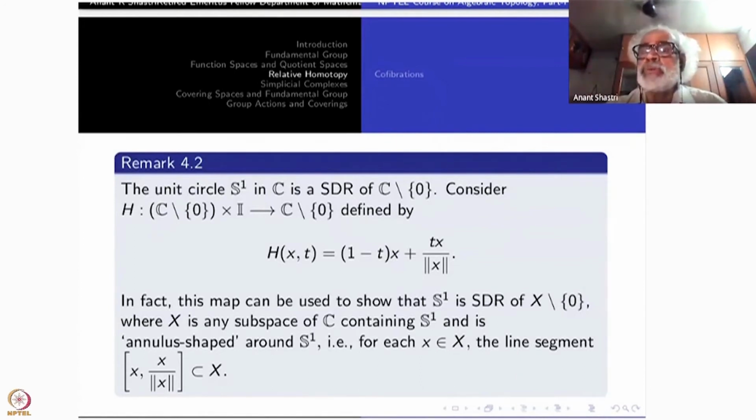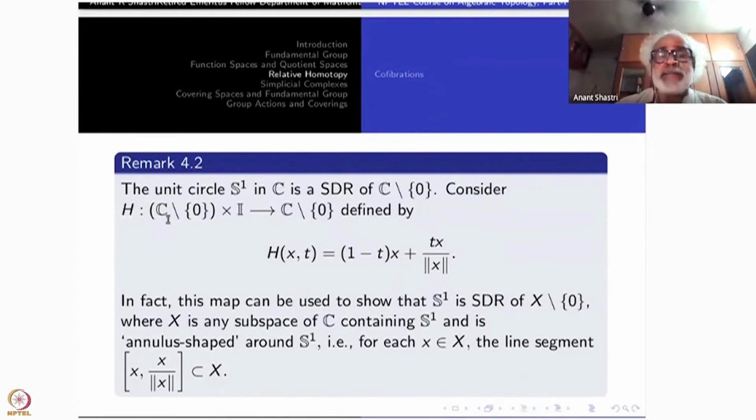The origin you have to throw away. How do you do that? Once again, a kind of convexity, whatever. This is not convexity, but convexity about S^1 is what is going to work, namely joining, namely (1 minus t) times x plus t times x divided by norm x.